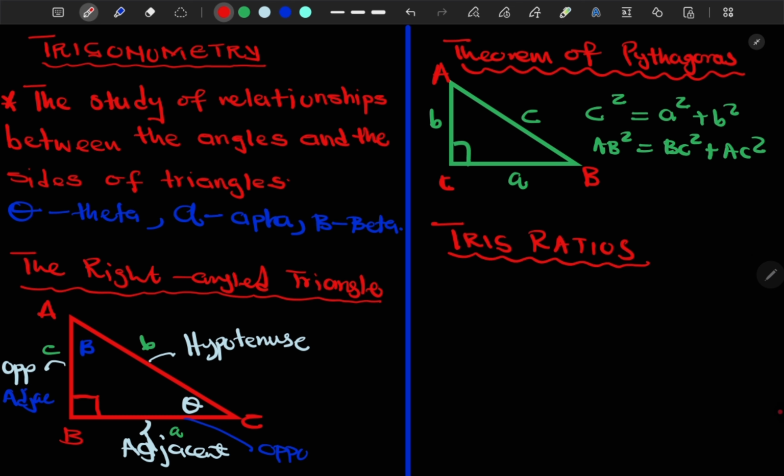Remember, when we speak of a ratio, division one way or another is involved. In trigonometry, we've got three special ratios, which are sine, cosine, and tangent ratios.